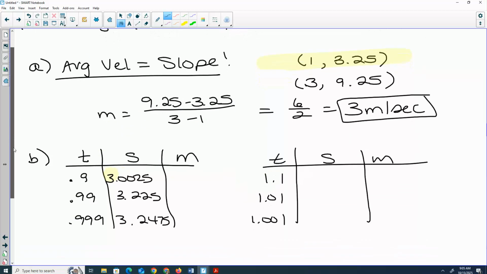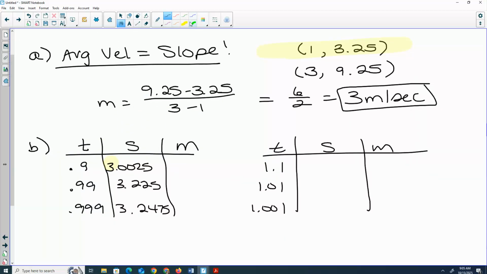And I did the slope between each of these ordered pairs and my point 1, 3.25. So y2 minus y1 over x2 minus x1. So this one is 2.475.